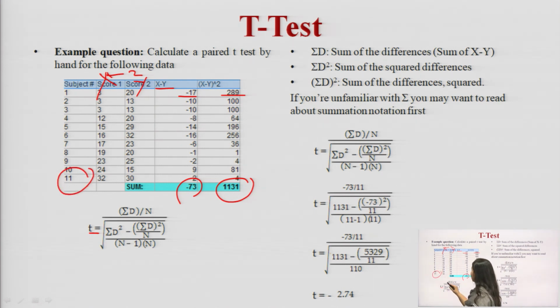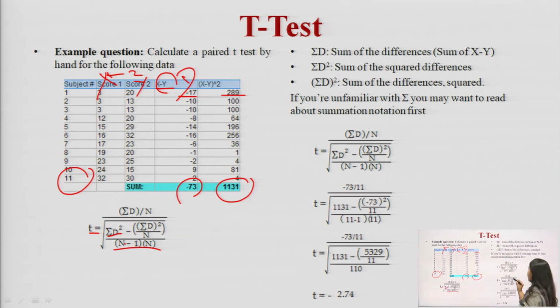So, the t-value is equal to the summation of d divided by the square root of the following, where n is your number of observations. So, the n value is 11. Then d is basically your difference. This is the d value. Then d squared, then the summation of d squared, divided by n, and at the bottom, n is your total number of observations, minus 1, times n. So, we put in all the data.